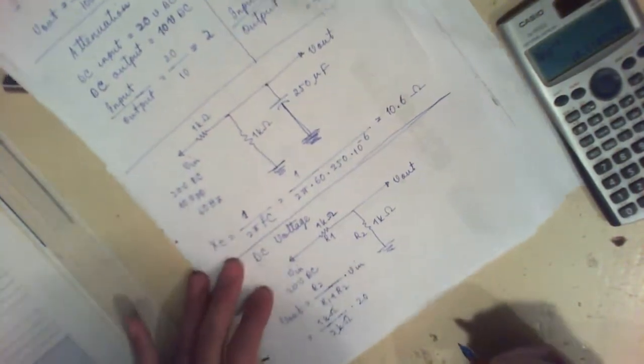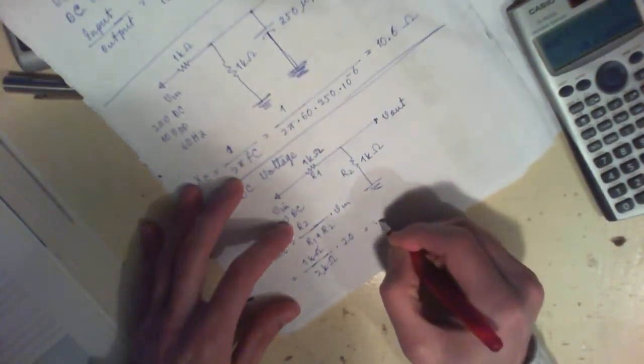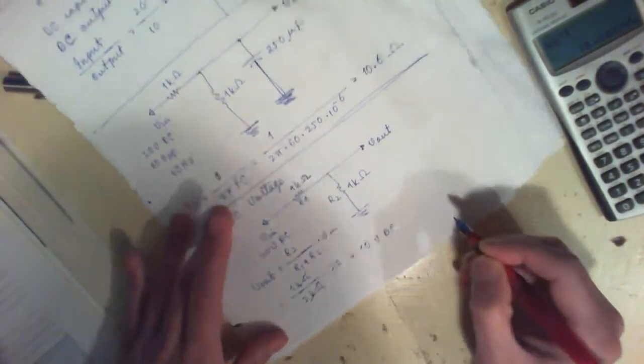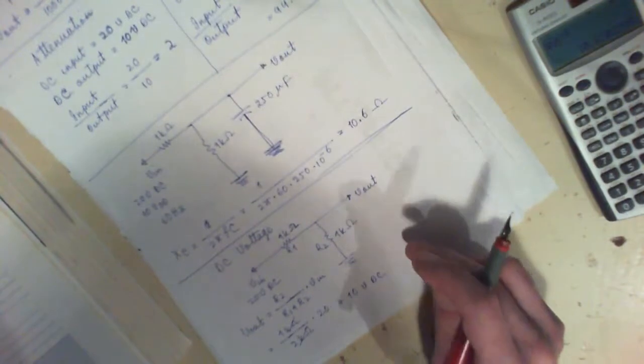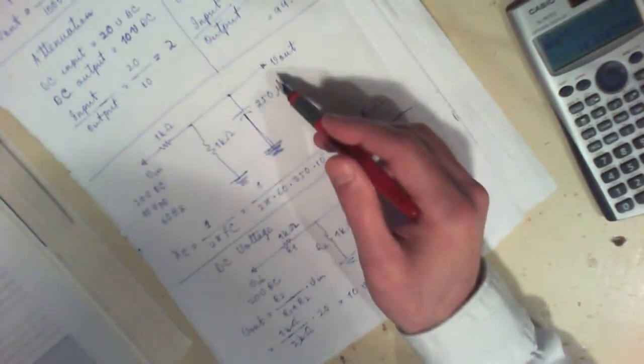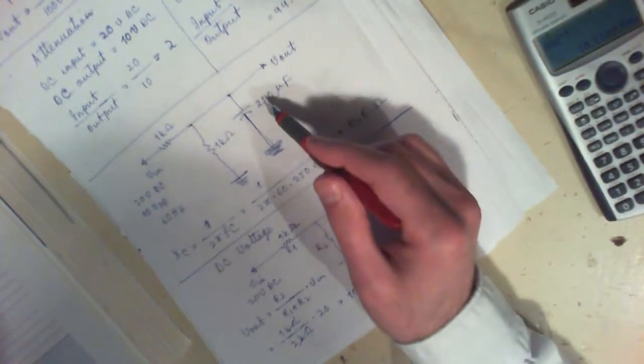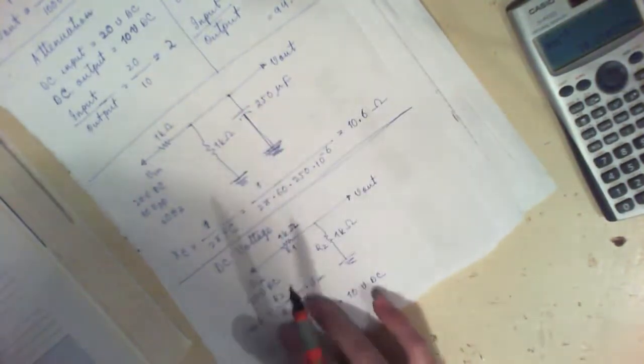Now this is going to be equal to 1/2 of 20 volts, which is equal to 10 volts DC. So you see that by changing the frequency and the value of this capacitor, the way that we did it, the DC output did not change in the circuit. Now let's see what happens to the AC output.